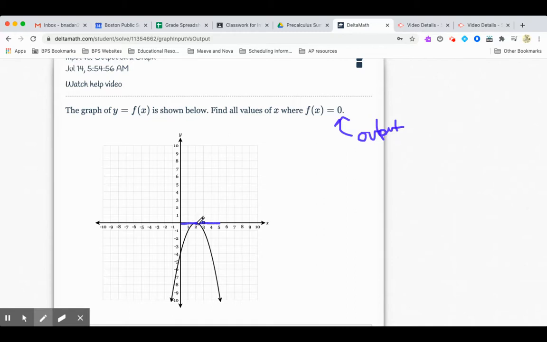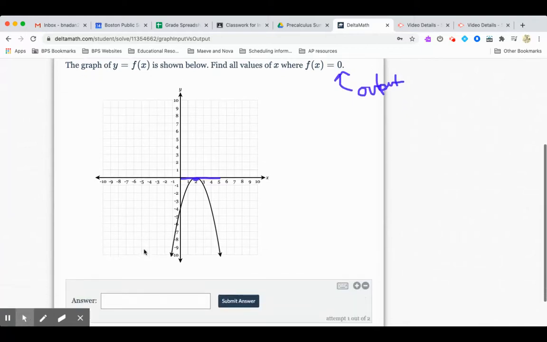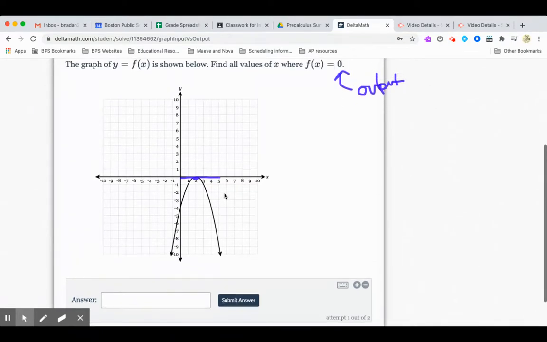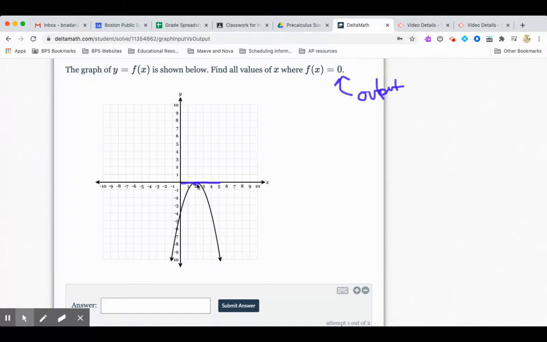So I only see one place where this function is 0, and that is when the input is 2. So when the number in the domain is 2, the output will be 0. Now, if they ask for a different number, let's say they ask for -4, you'd actually have 2 answers. And so you'd have to give both answers in order to be right. But in this case, they only have one answer.